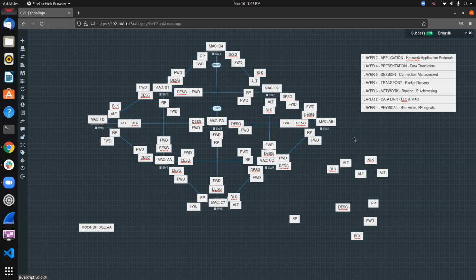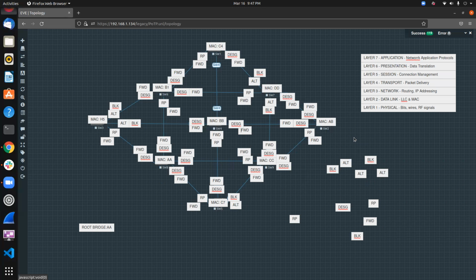I then went to BB, which is facing it, and chose to be designated forward. That's my reason. That's probably a better one, but also as far as cost, again, the costs are equal between them.